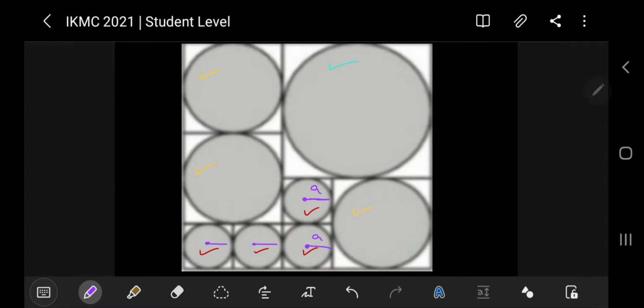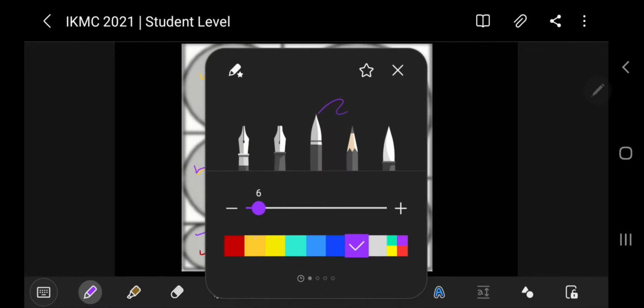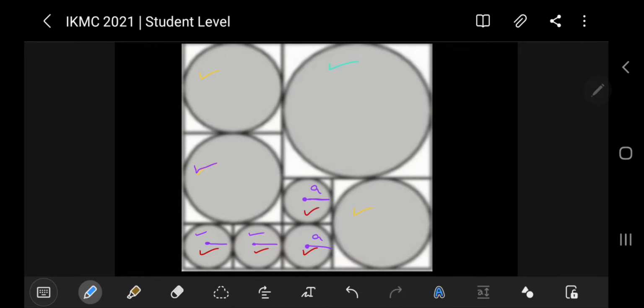Now an important thing to note here is that these two circles make up this large circle. So just by observation we can see that the radius of this circle will be equal to 2a, because it's equal to one complete smaller circle, so the diameter of that circle is 2a.